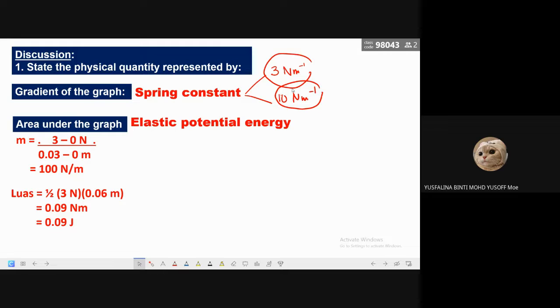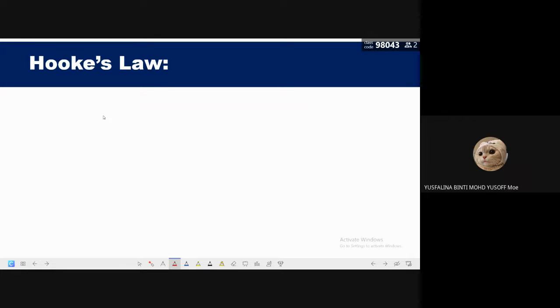Need to remind, for a graph of F against x, the gradient of the graph is equal to the spring constant, so the higher the spring constant, the higher the stiffness of the spring, while the area under the graph is equal to the elastic potential energy. I think you already learned this in Form 3, if I'm not mistaken, right? Okay, right. So now we move on to Hooke's law.